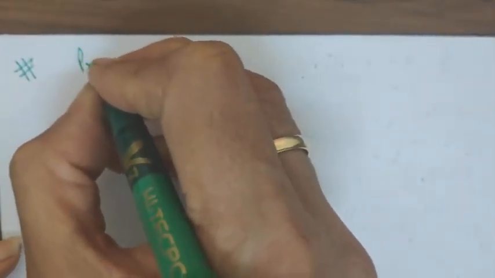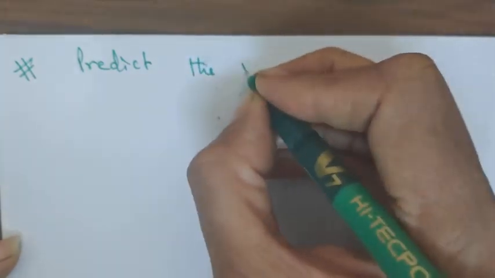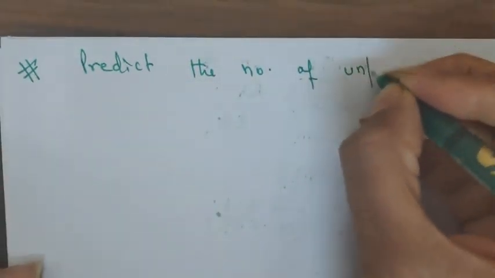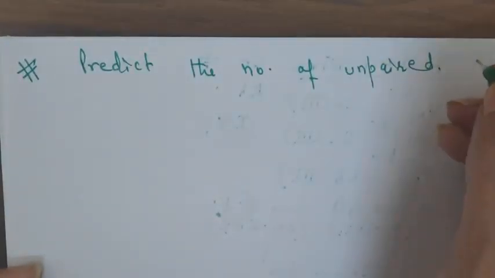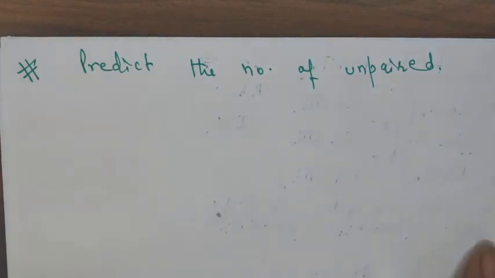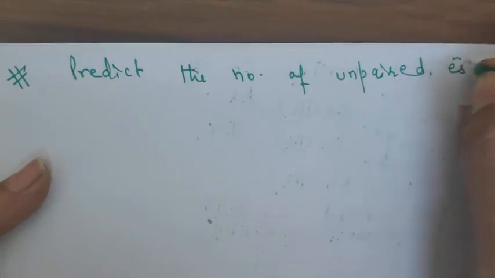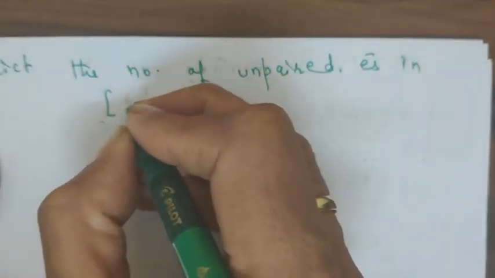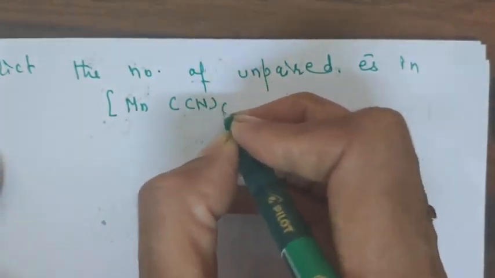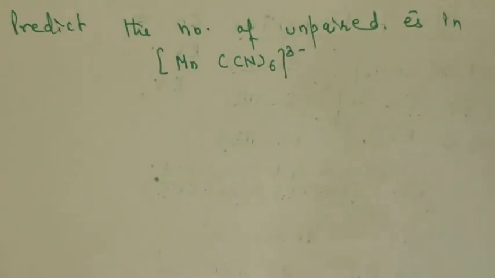One more question we will discuss. You have to predict the number of unpaired electrons in Mn(CN)6 3 negative according to CFT.